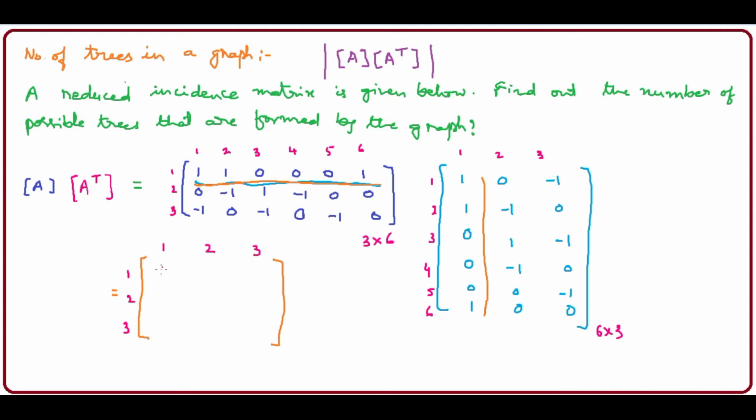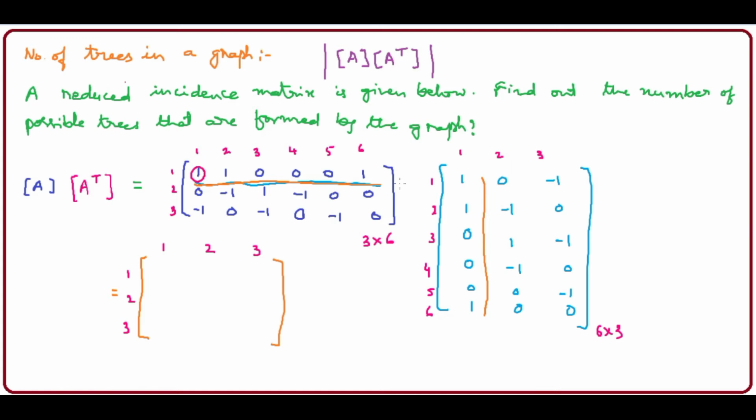To find the 1 1 element, the first row of the first matrix and the first column of the second matrix have to be multiplied correspondingly, and then we add them.